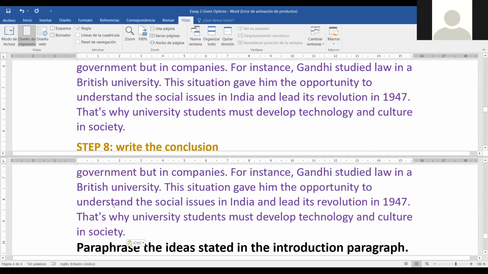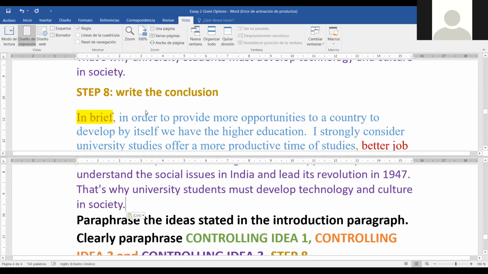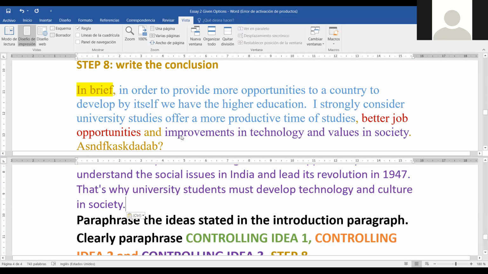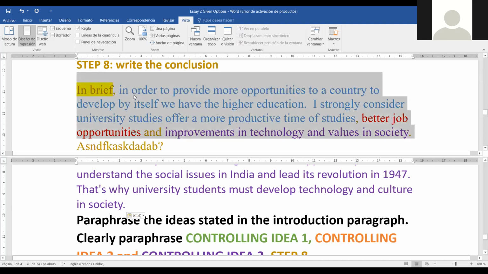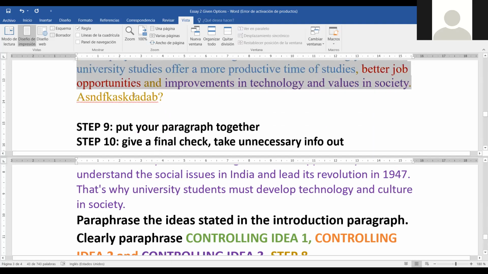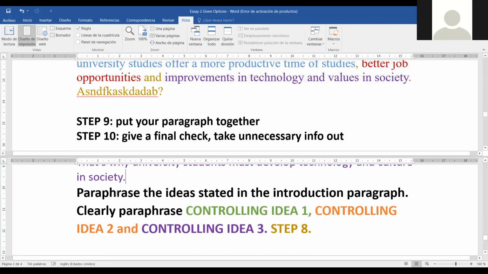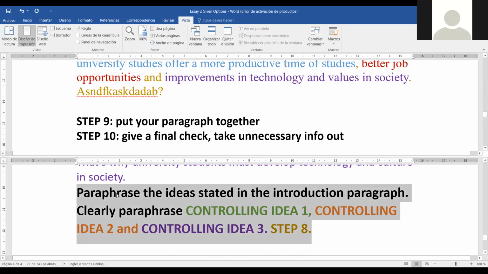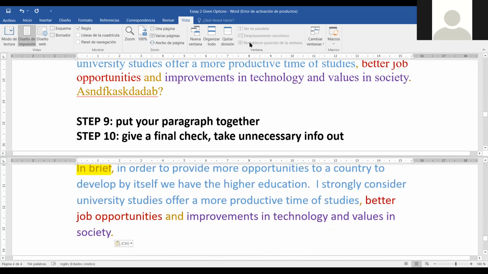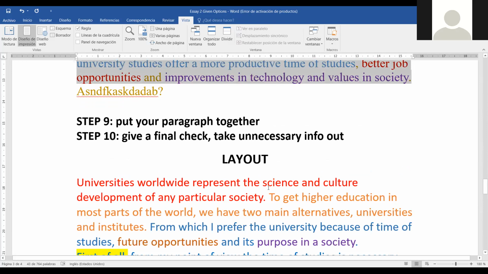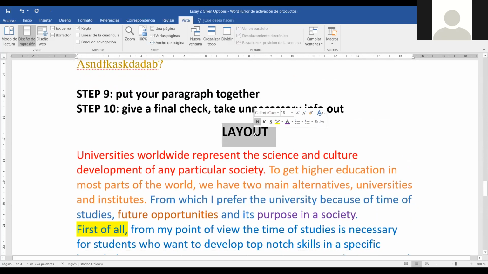They are there. Then I have to write a conclusion, which is here with the three controlling ideas, and a question that I didn't include in this example will be here. Then I take this out.